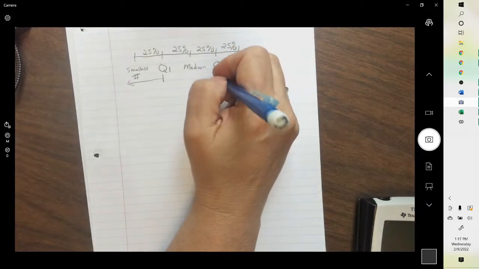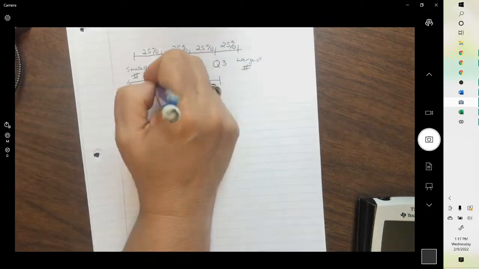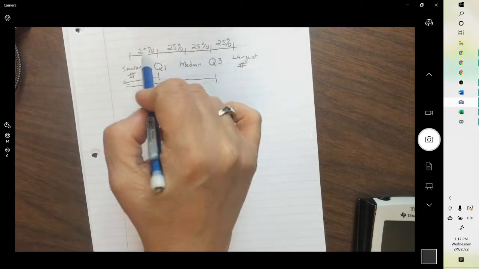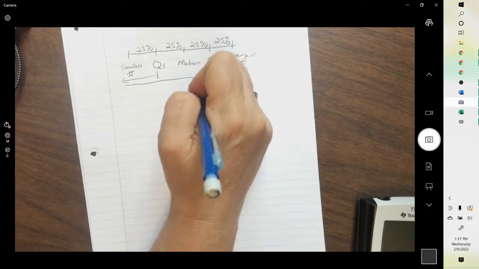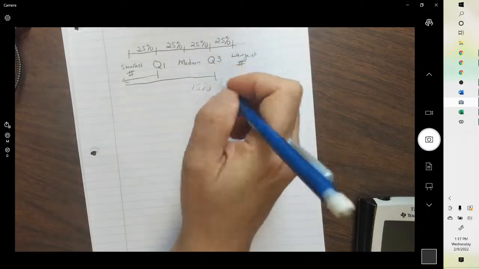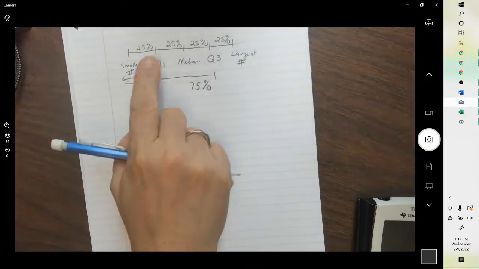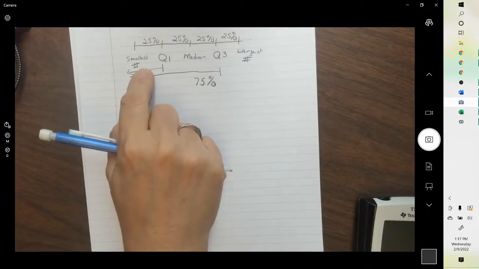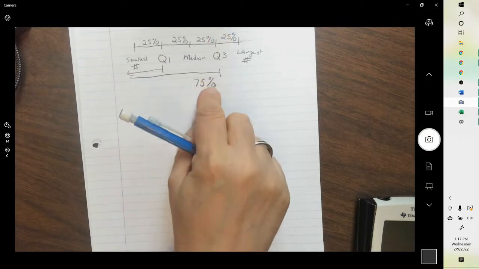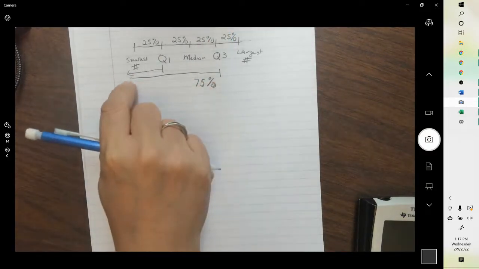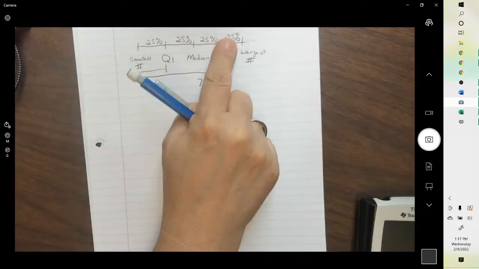If we look at Q3, below it is 25, 50, 75% of the data. So Q3 is the 75th percentile. Looking for Q1, we use 25%. Looking for Q3, 75%, because 75% of the values are below it and 25% above.